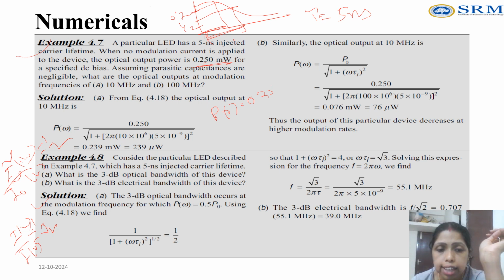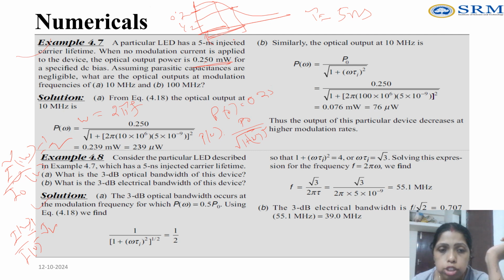The formula is like this: P omega is equal to P naught by root under 1 plus omega tau whole squared. P naught is given as 0.250 milliwatt. Omega is equal to 2 pi f.